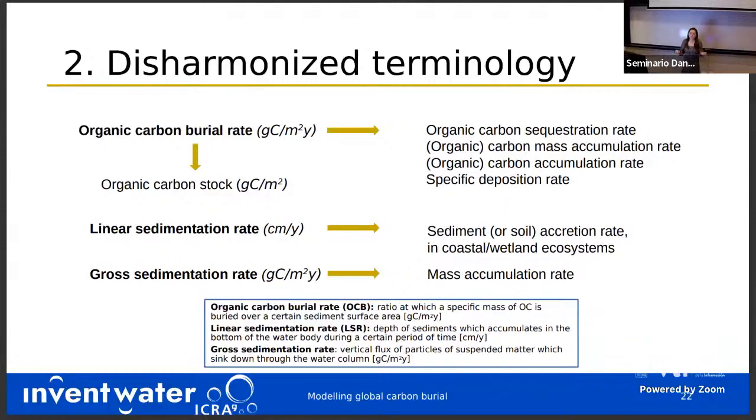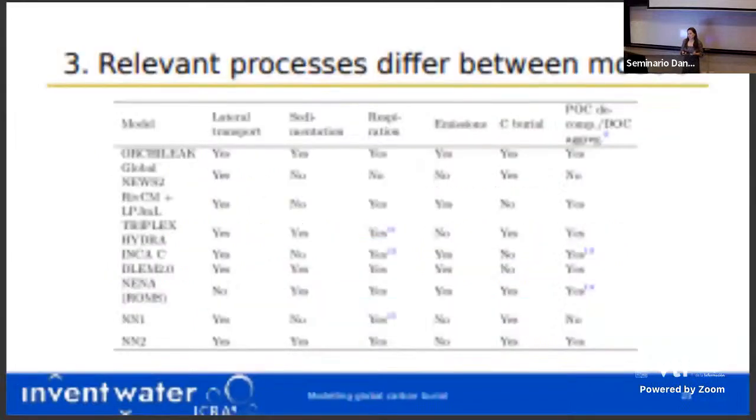And then we have other concepts like linear sedimentation rate, which is called that in the inland water studies, but if you go to coastal or wetland studies, you will see it as sediment or even soil accumulation rate. Then there is sedimentation rate, which is also called mass accumulation rate, things like that.